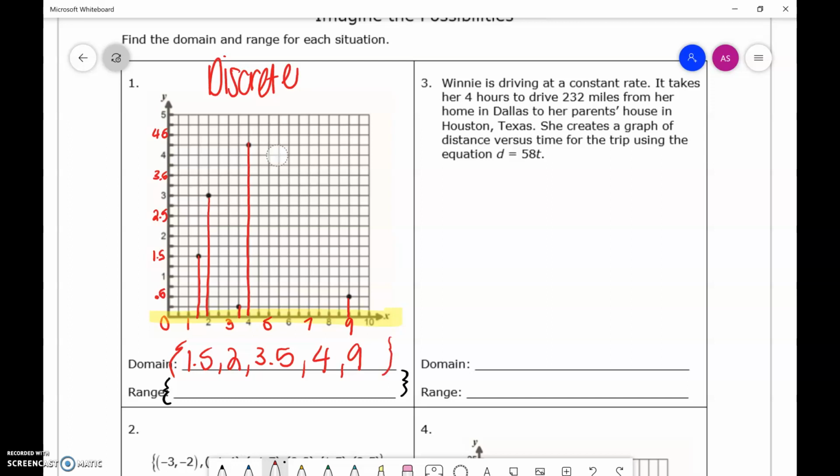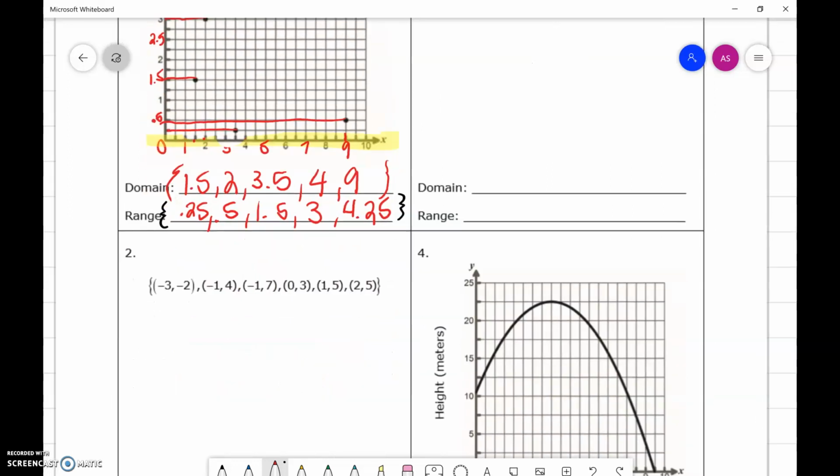And then my range, I'm going from bottom to top. So I'm going to say that's 0.25. This is 0.5. This is 1.5. This is 3. And this is 4.25. Okay, and that's number 1.